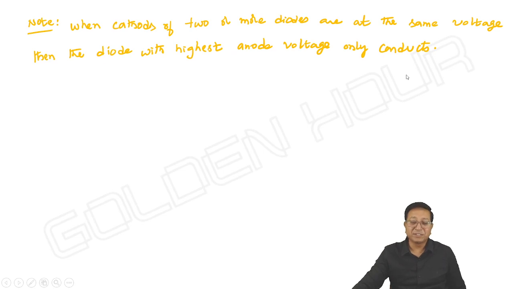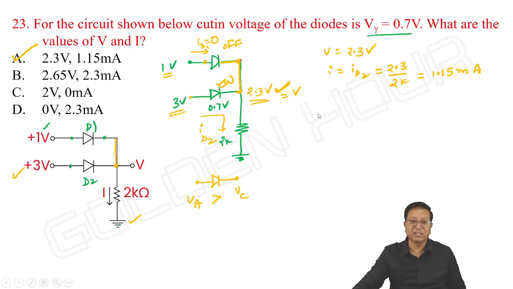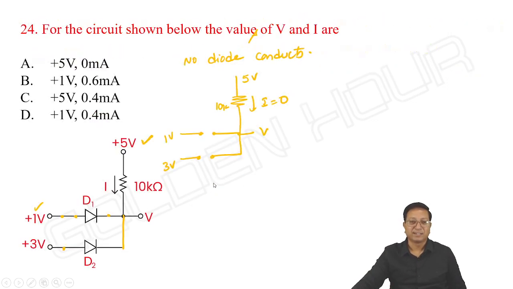Of course, it's possible if and only if there is a scope for the diode to conduct. But here there is no scope for any of the diodes to conduct, because both cathodes are going towards higher potential compared to their anodes, even though cathodes of both diodes are at the same voltage.